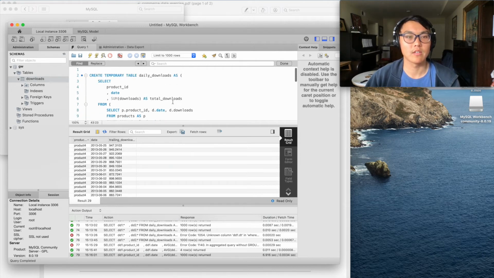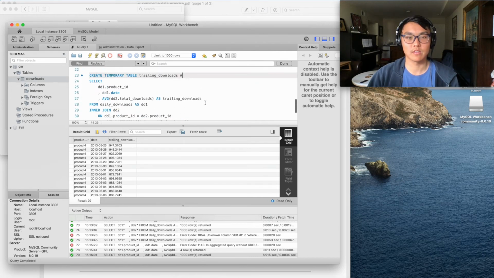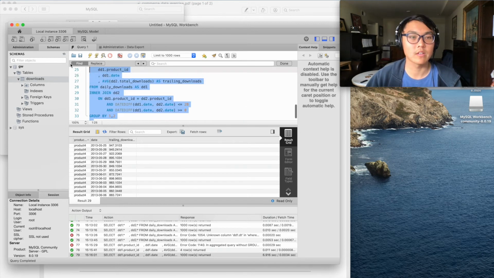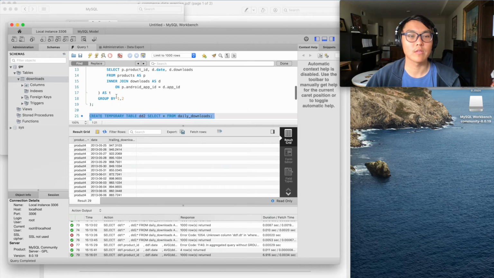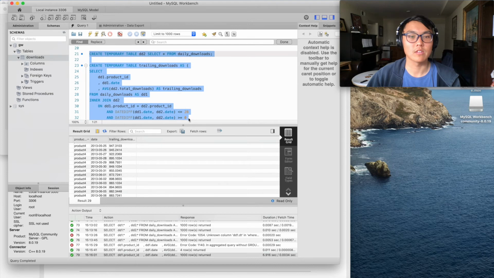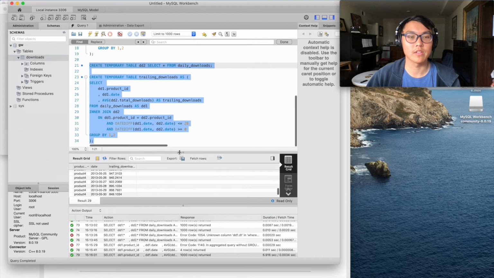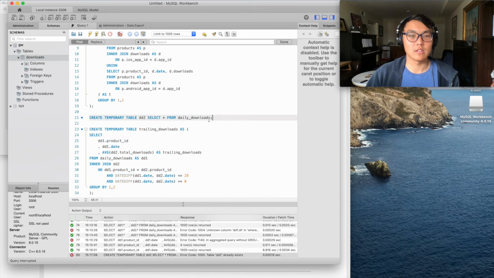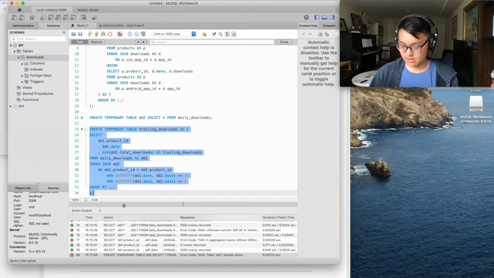Table trailing downloads as, put this thing right here. Now I have to run this query. Should increase the size. Sorry about all this. Oh, I wasn't trying to run that.